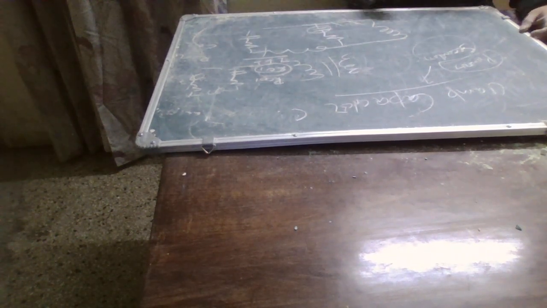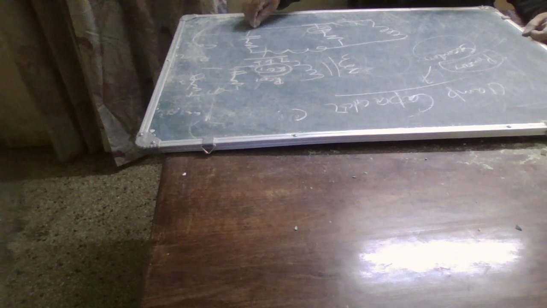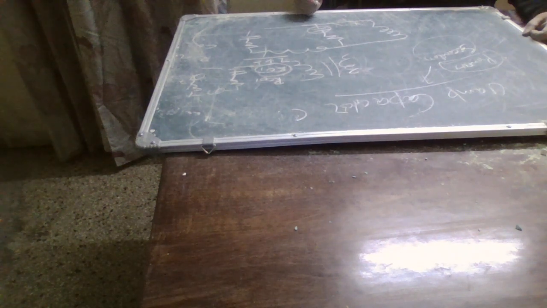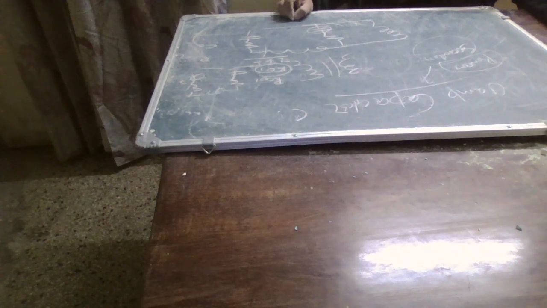So this is the main energy storage capacitor with a large capacitance, and this is a smaller high frequency decoupling capacitor. So during the operation, this is going to resonate with the clamp capacitor.